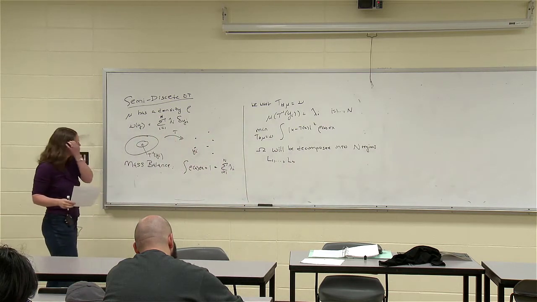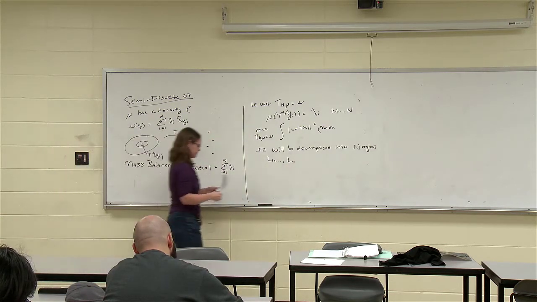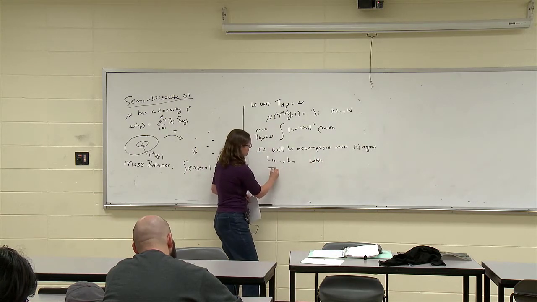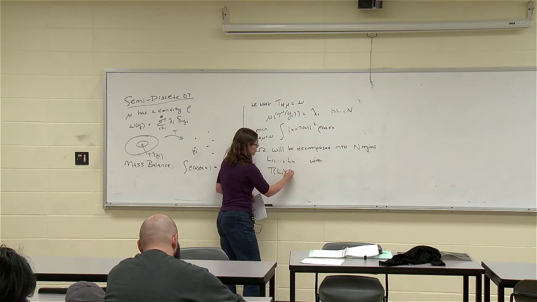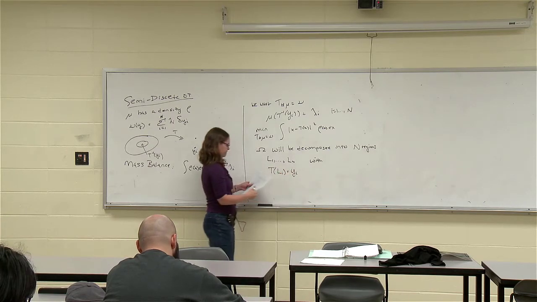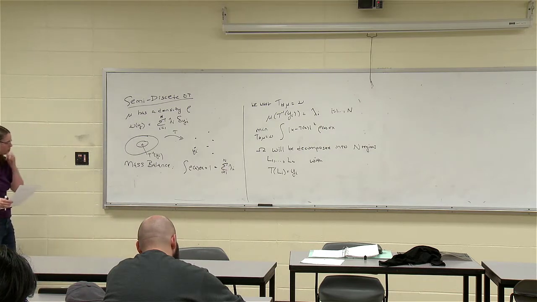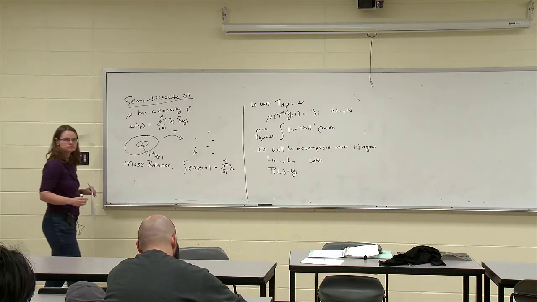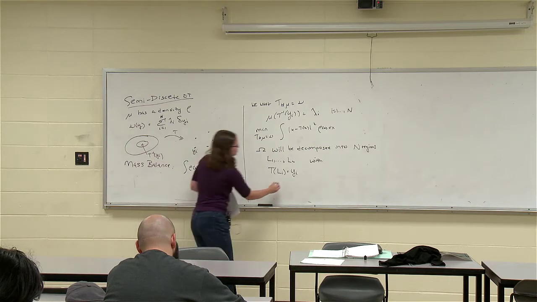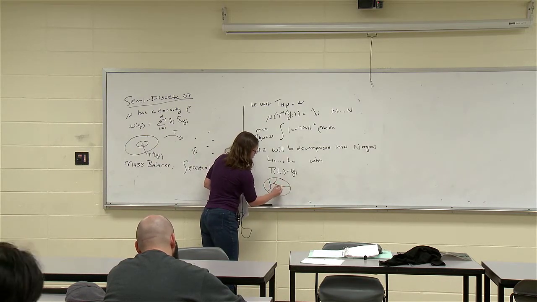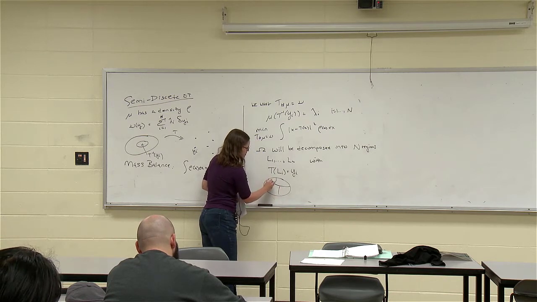And each of these regions gets mapped to a Dirac, with T of Li equal to yi. Right, so this is really the game. We have our domain, and now we want to try to come up with what these regions should be.